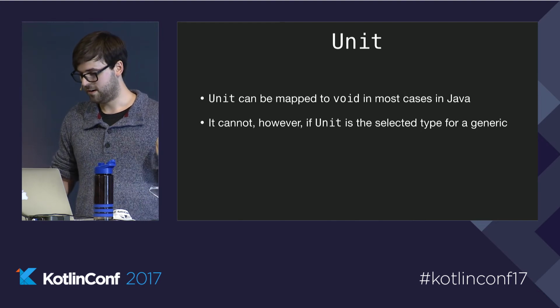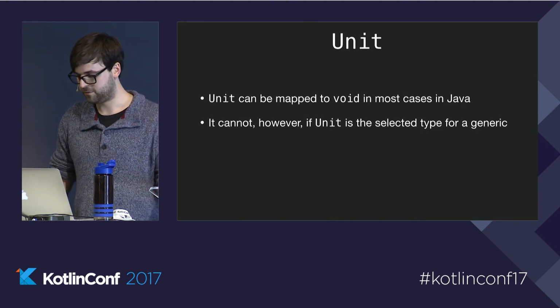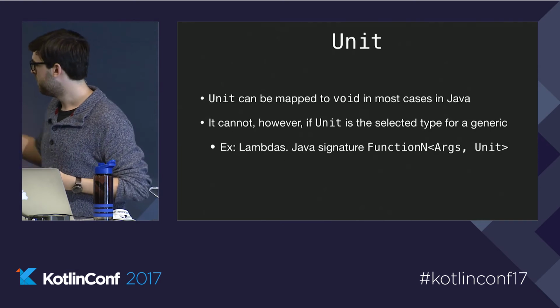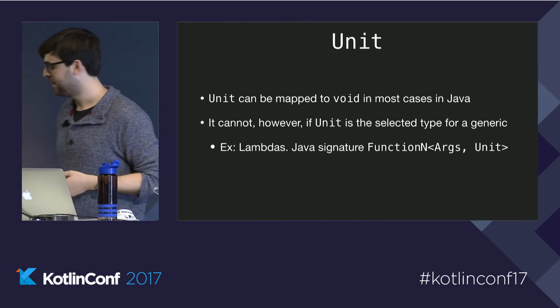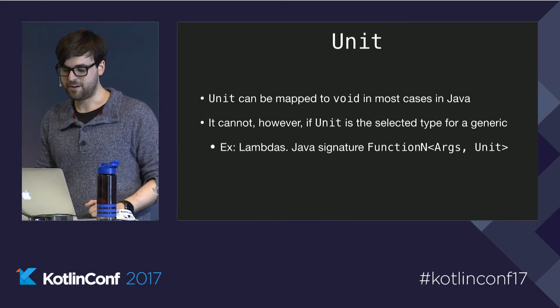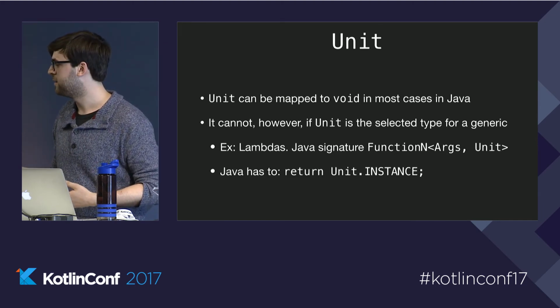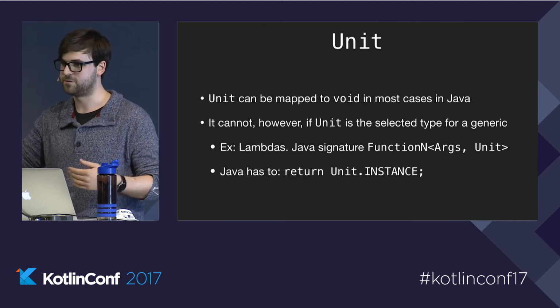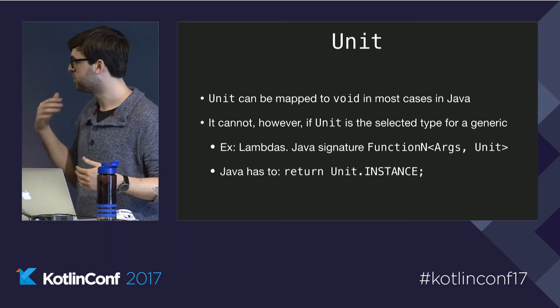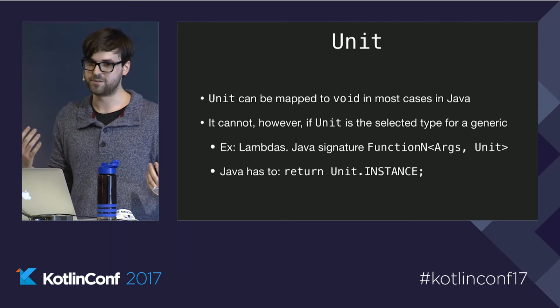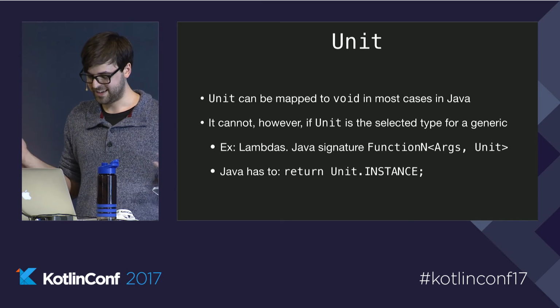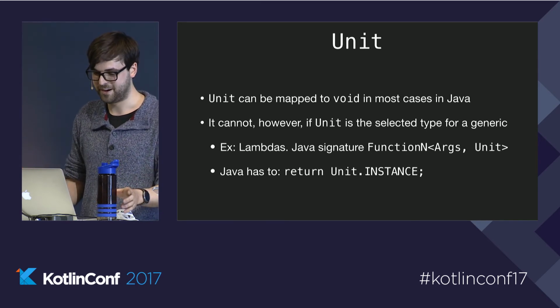So that can't be void. That doesn't work. So in Java, it has to return Unit, so it stays Unit. It doesn't get mapped to void or anything, and your Java has to, at its last line, instead of just doing nothing, write return Unit.INSTANCE, and this is some boilerplate for Java. It's unavoidable. It kind of sucks. There's nothing you can do about it right now.